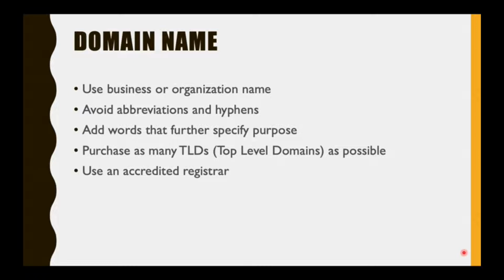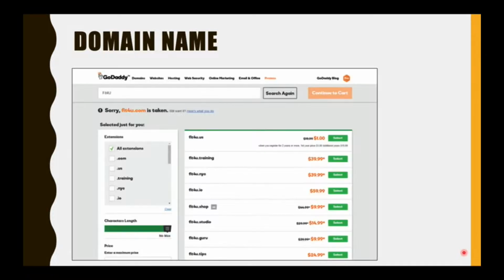You can buy a bunch of them. And just try to use an accredited registrar, somebody that's just reputable. Here, like for instance, GoDaddy, they do domain names and hosting service, and so they'll help you walk through this. Fitforyou.training, fitforyou.io, .shop, and you can buy as many as you want, or just one.